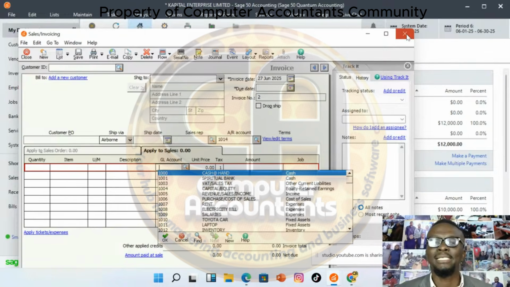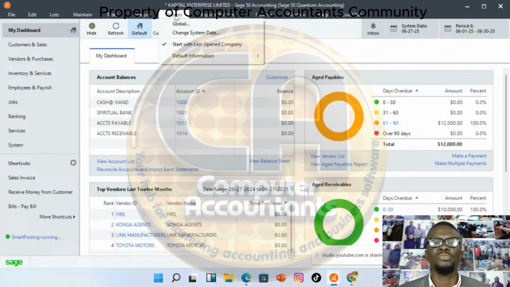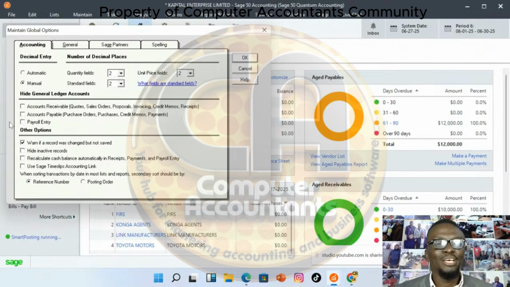Now, what you do is this. You go to options menu, click on options, click on global, okay? If you open global, you see that these two places will be checked like this. This is how it will look when you open your own. So what you do is to uncheck it, make it unchecked like this.